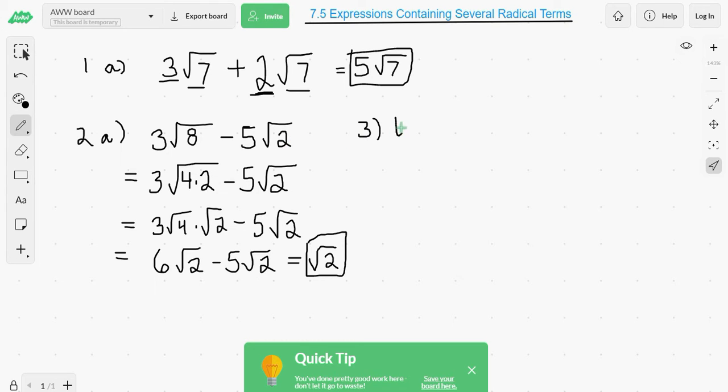Actually, let's look at example 3b. This is going to be the cube root of 2x to the 6th, y to the 4th. We're taking that cube root expression and adding 7 times the cube root of 2y.